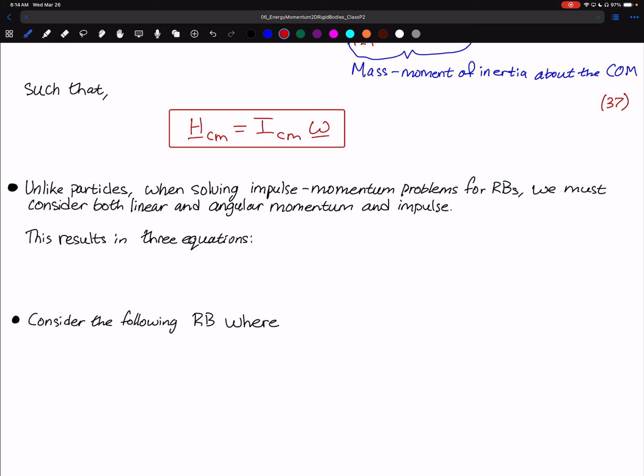Okay. All right, so unlike when we dealt with particles with impulse momentum, for rigid bodies we have to consider both linear or translational and angular momentum. And for plane rigid bodies this is going to result in 3 equations. In 3D it will result in 6 equations. But we're luckily right now just dealing with plane rigid body motion, so we're going to get 1 equation in the vertical direction.